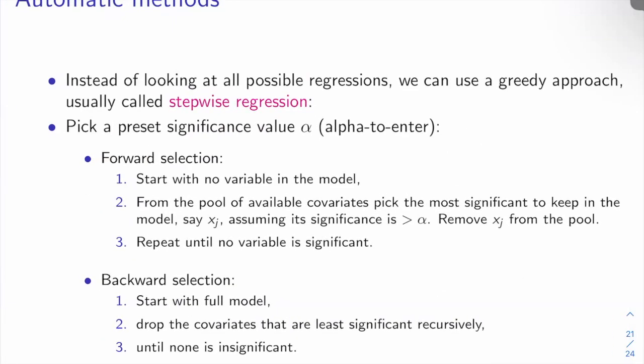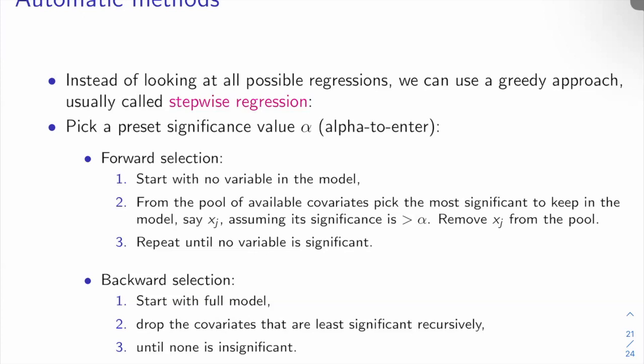There is stepwise regression, as I mentioned; these are greedy approaches. You start from, for example, no model, and this applies to any other criteria that we have. This is a procedure to avoid the combinatorial explosion of the number of models. Instead of trying all the models, we do a greedy approach.